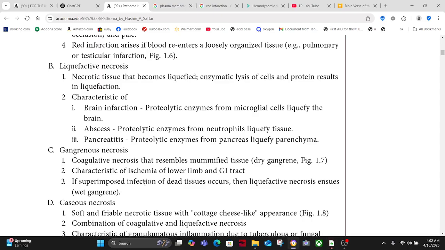Okay, next. Also in the pancreas, you can get liquefactive necrosis because enzymes from the pancreas digest pancreatic parenchyma.